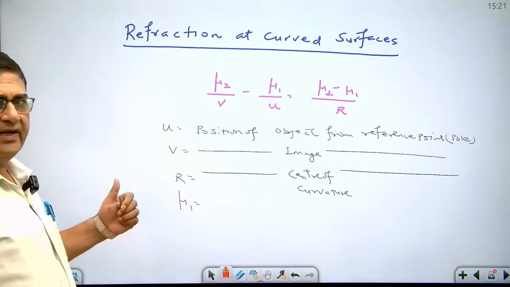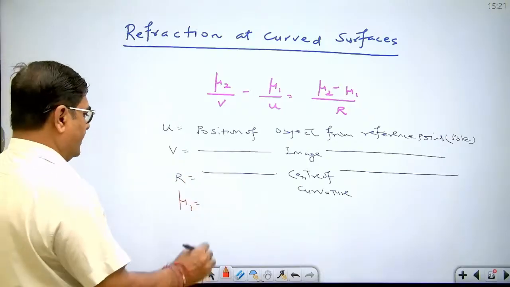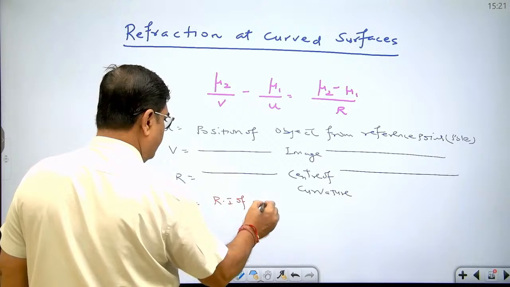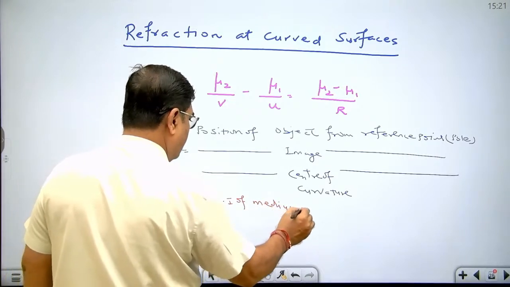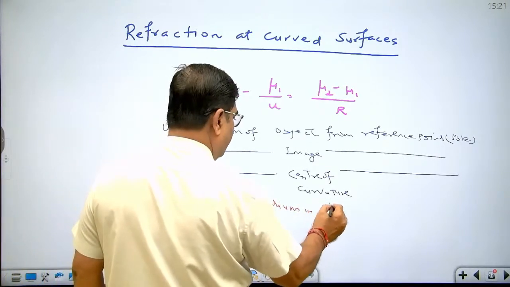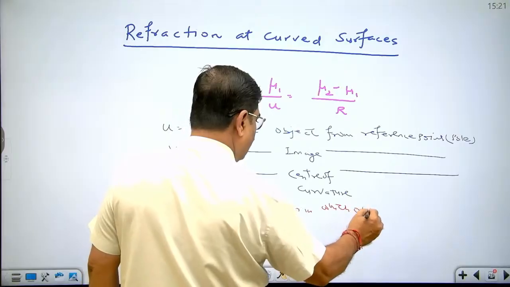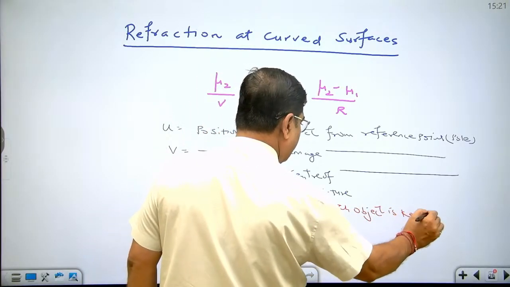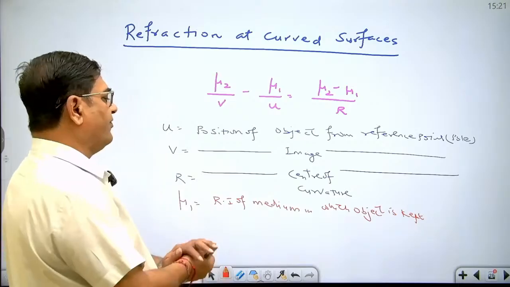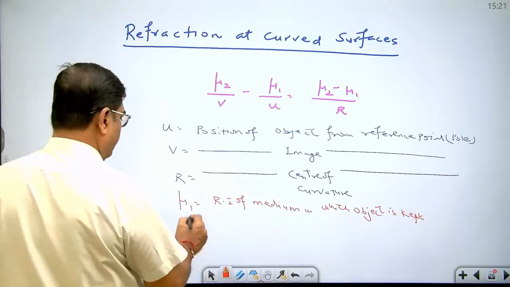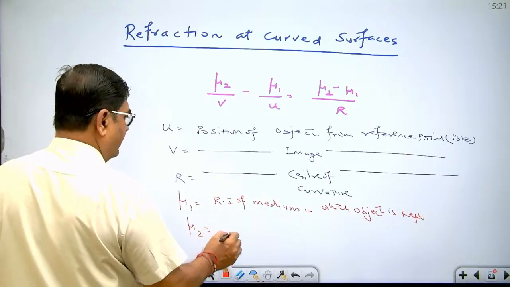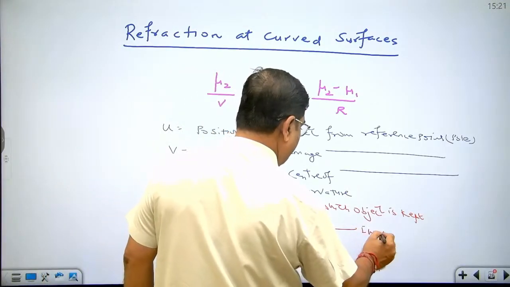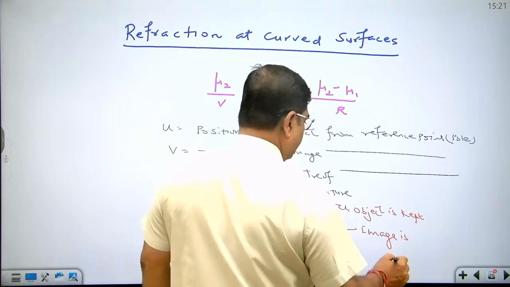Mu1 is the refractive index of the medium in which the object is kept. Object is kept means the medium in which incident rays are coming. Mu2 is the refractive index of the medium in which the image is formed.